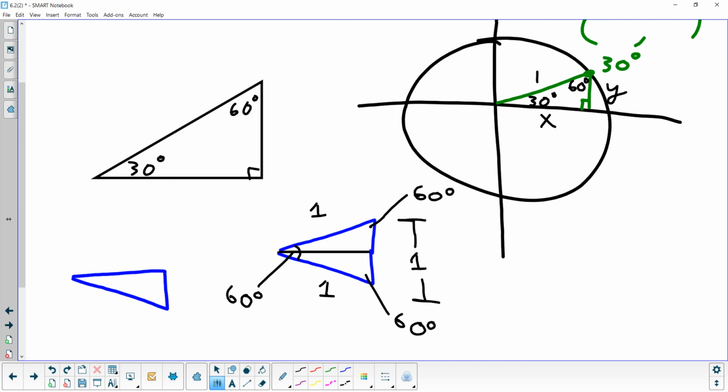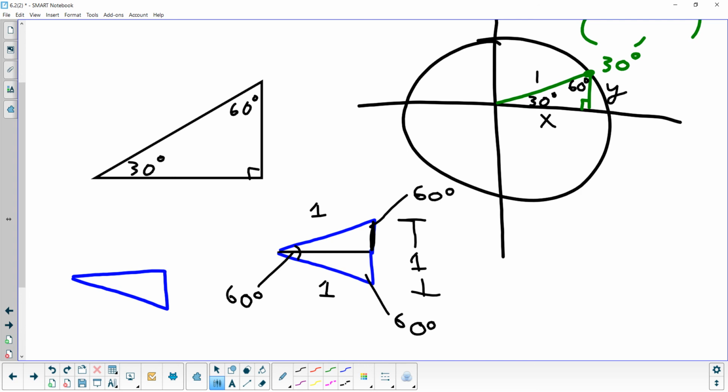What else? John? If you get half of the base's length, that's the length of y. So explain to me, what's this length? That's 1. And then half of that is y. Why would half of it be y? All the sides are 1, and it's an equilateral triangle. But how come you can take half of this number to get that?